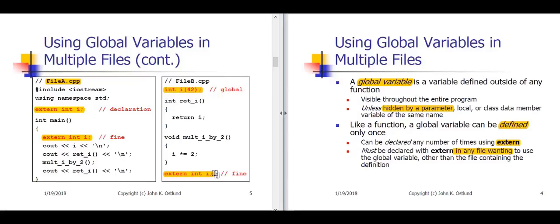The linker is responsible for making sure that the global variable I defined in one file is tied to all of the uses of I where I was declared extern in other files in your program.